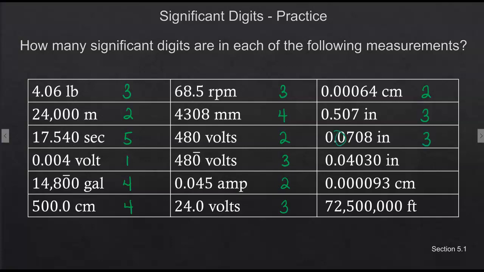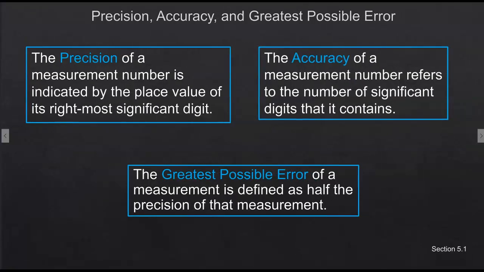This 0 is not significant. And then the next one is 4 because only this one is not significant. And then 2. And last we have 3. All right. So that's just a little bit of practice with that, and you might think about how to identify the number of significant digits, and practice it, because otherwise you'll just forget what all of these rules meant, right?